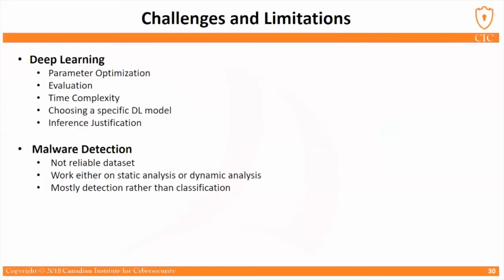And from the malware detection side, the dataset is mostly not up to date, or they have small sample sizes, not having diverse samples or malware families, so it will lead to overfitting problems. And they have worked on either static or dynamic analysis, so hybrid analysis hasn't been addressed that much, or they mostly focus on detection rather than classification.